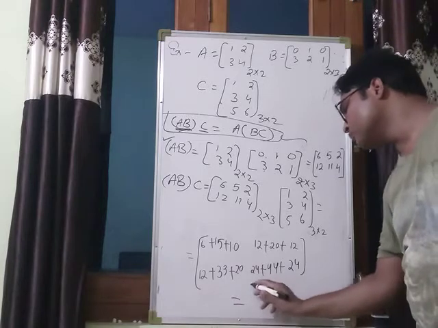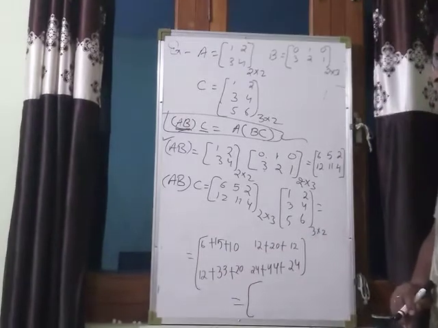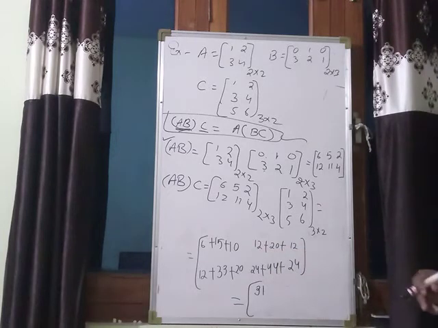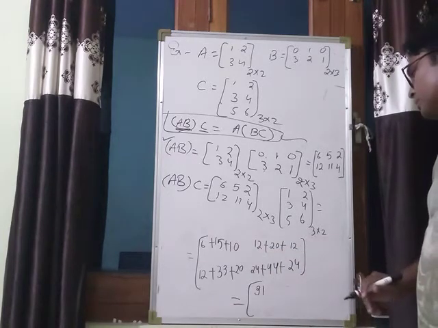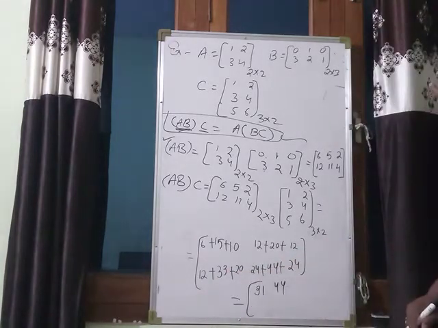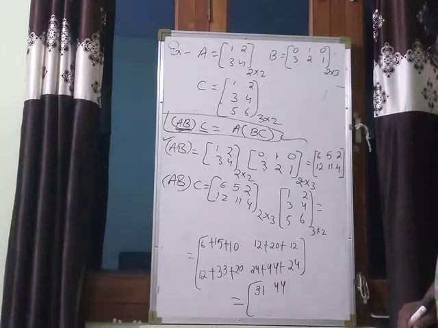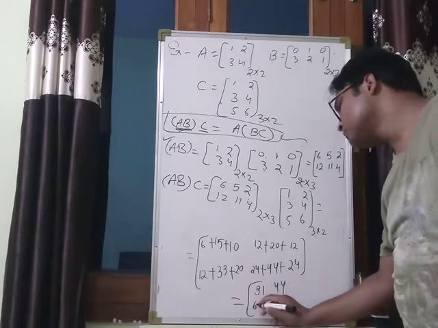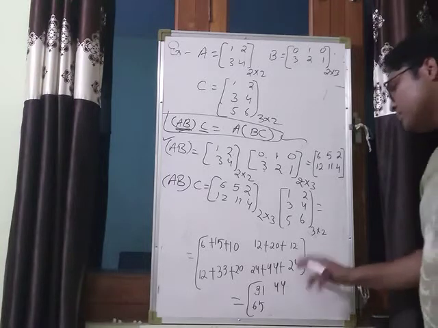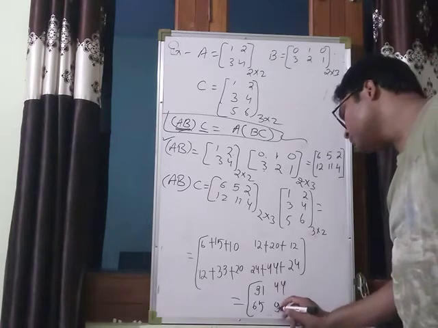So that is equal to 6 plus 15, 21 plus 10, 31; 12 plus 20, 32 plus 12, 44. After that, 12 plus 33, that is 45, and 45 plus 20, 65. 24 plus 44, 68. 68 plus 24, 92.